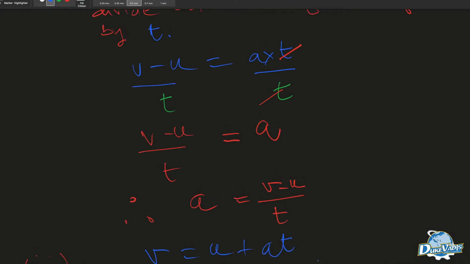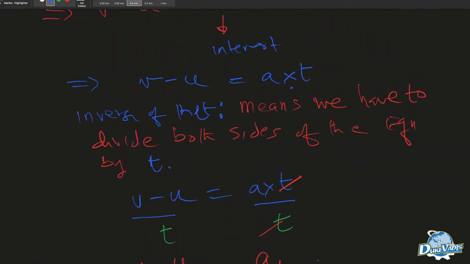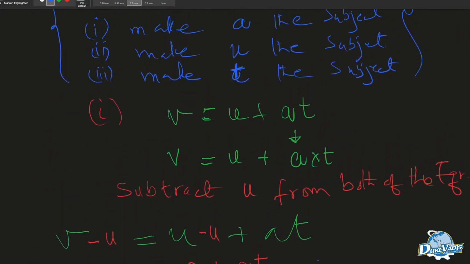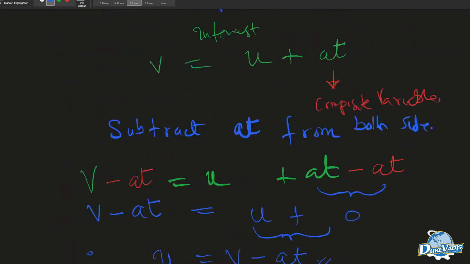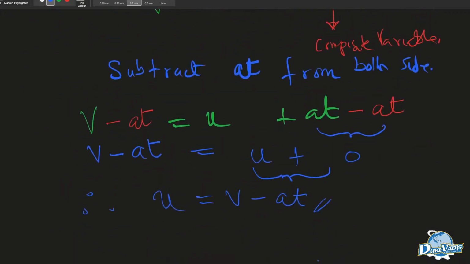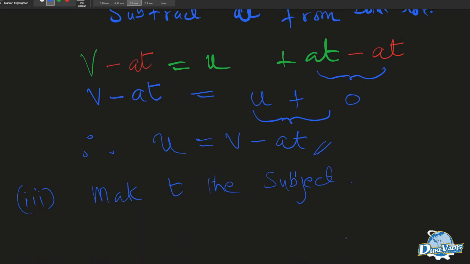Okay, let's look at the last bit. The last bit is to make T the subject. Friends, let's look at it once again. It says we should make T the subject.